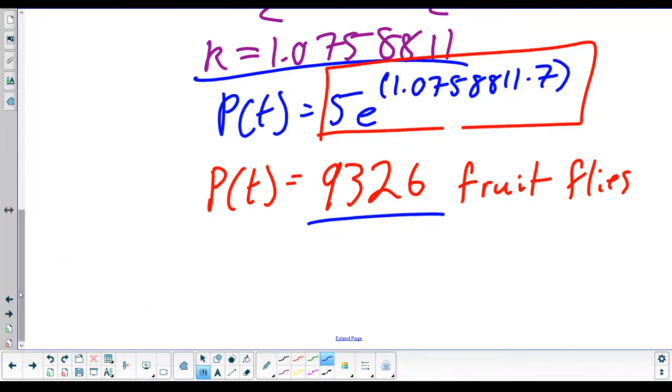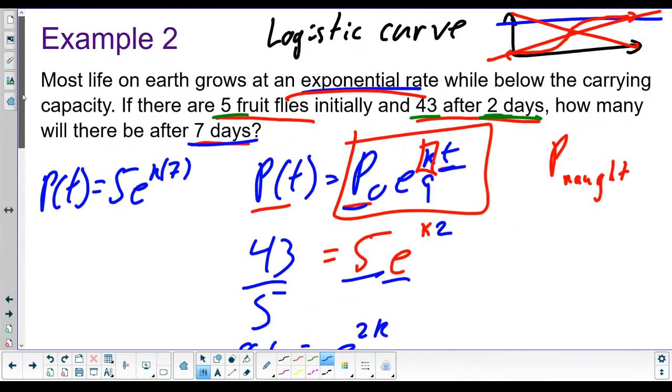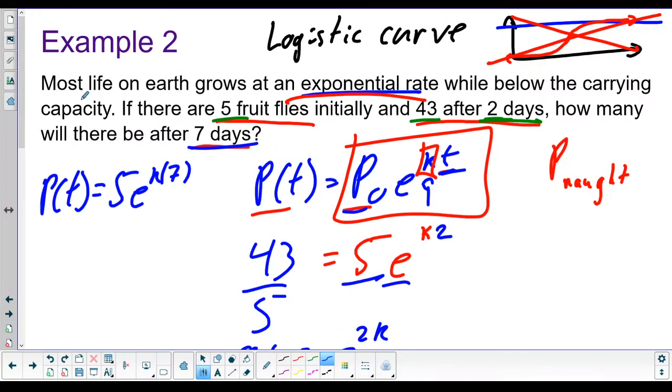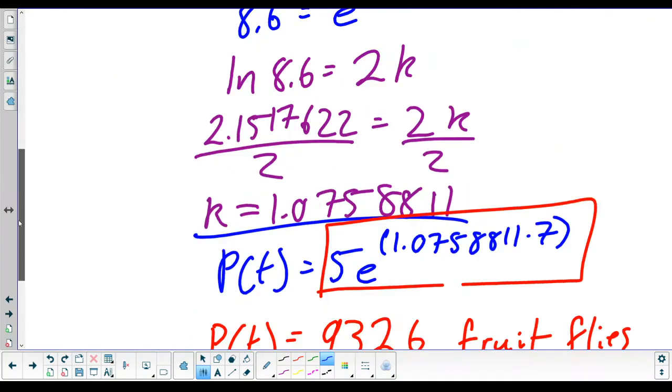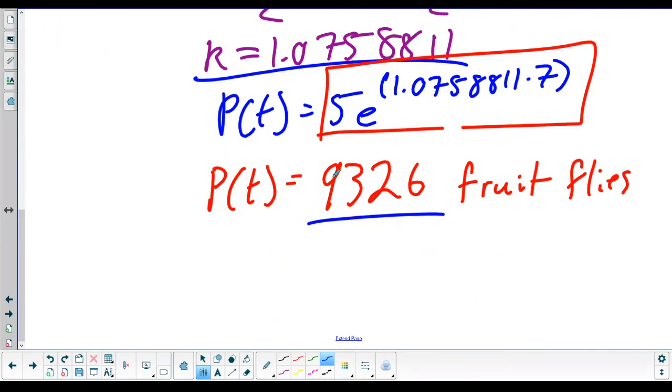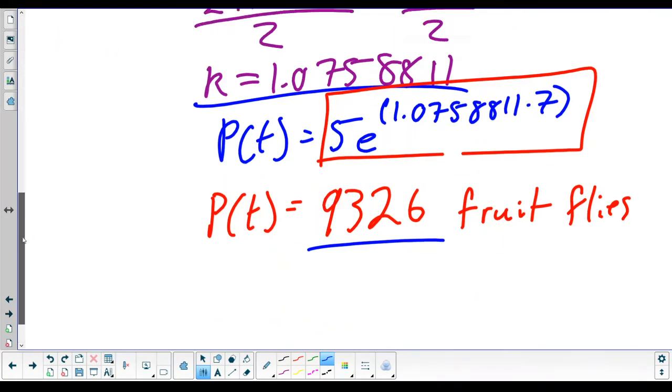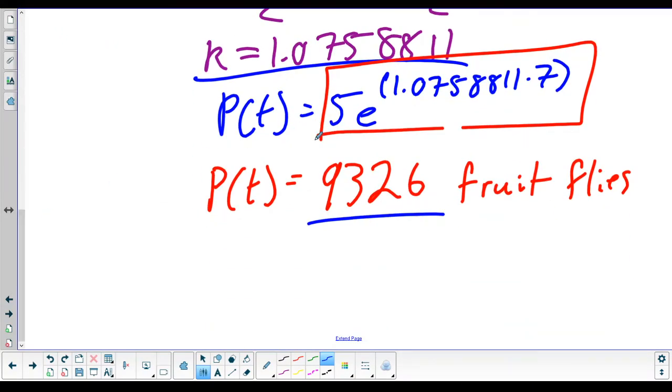So that kind of goes back to that carrying capacity. If you live in an apartment and you just have one or two flies buzzing around, they can't grow at some crazy exponential rate because of this carrying capacity. Back to the carrying capacity. This is telling us what happens if the flies have an unlimited carrying capacity. So we just took our whole house and we smeared poop all over it.